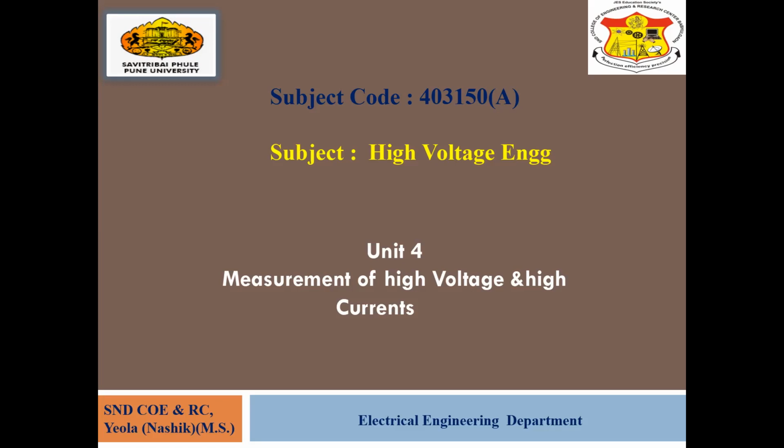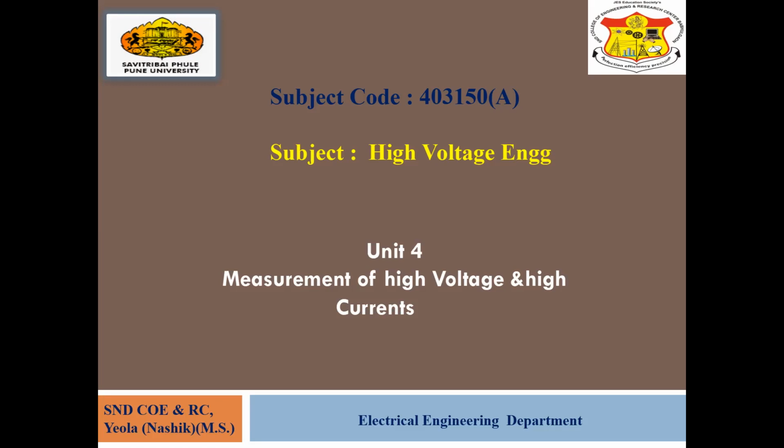Why is it essential to cascade the transformers? Because we can't build a single transformer for such high voltages, as it is not economical and not feasible to manufacture. A single transformer cannot be used, so for these purposes we have to use cascading of transformers.